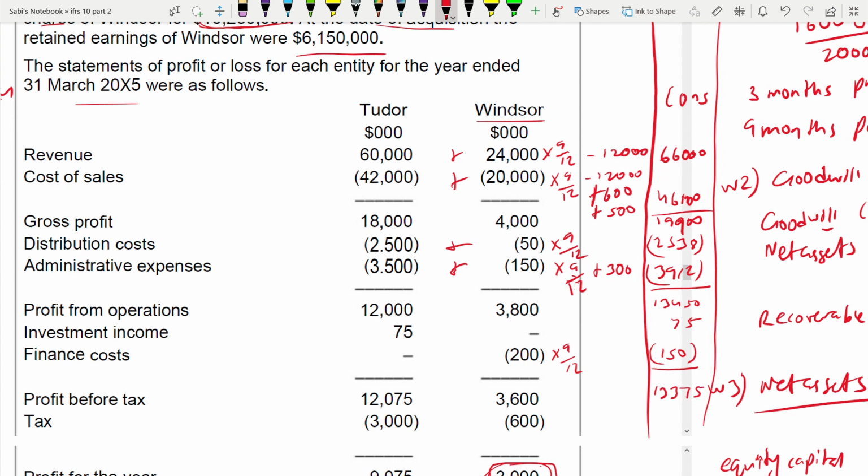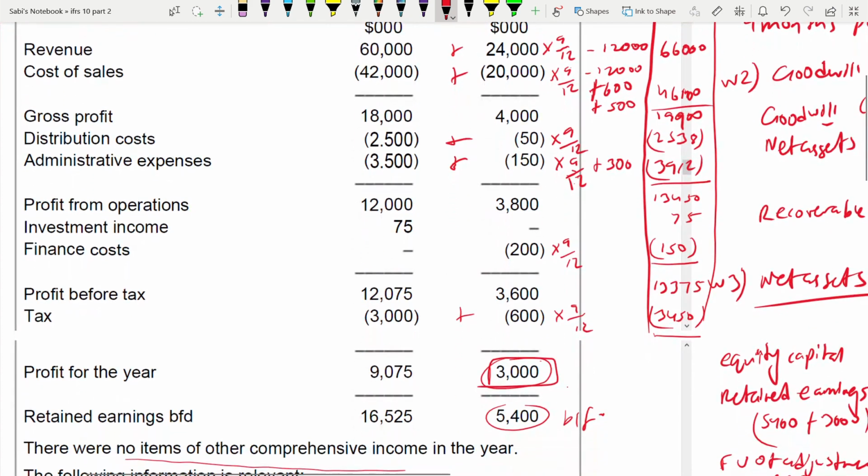Then tax 3,000 plus 9 months of 600, which will be 3,450. You deduct. Then you get profit after tax, which is 9,925.